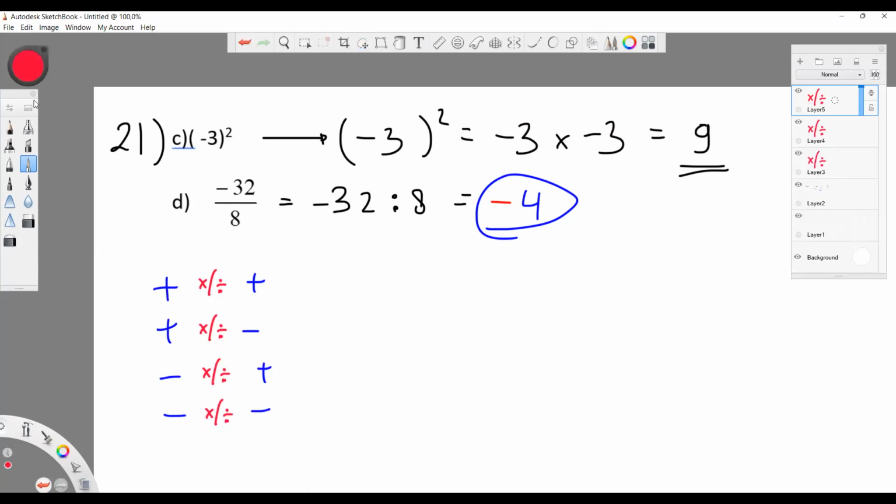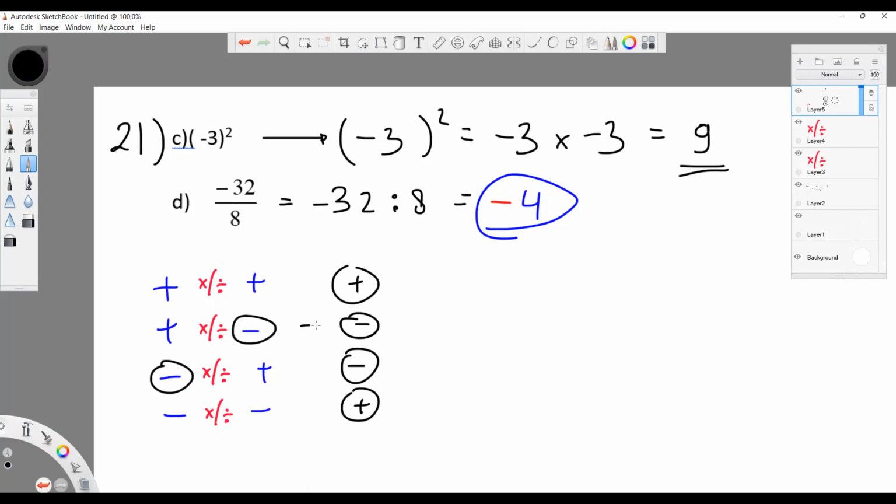The answer will be positive, negative, negative, positive. Look at this. If there is only 1 negative, the result will be negative. If there are 2 negatives, it's positive. So these will be the rules. Okay. Next, let's see what else.